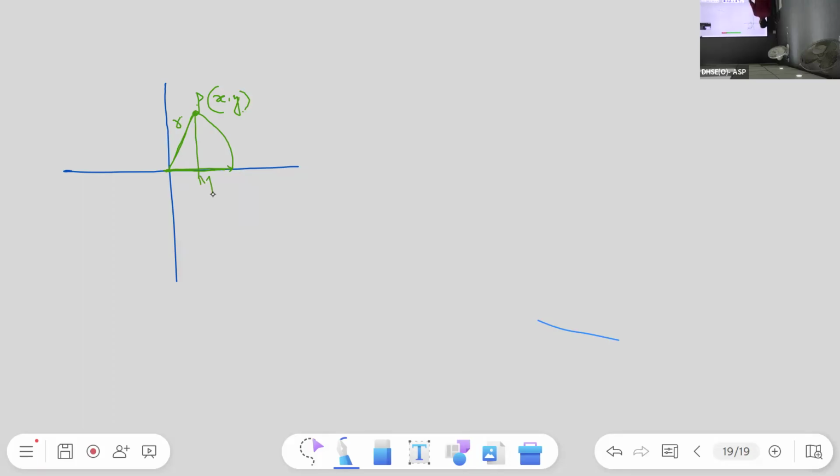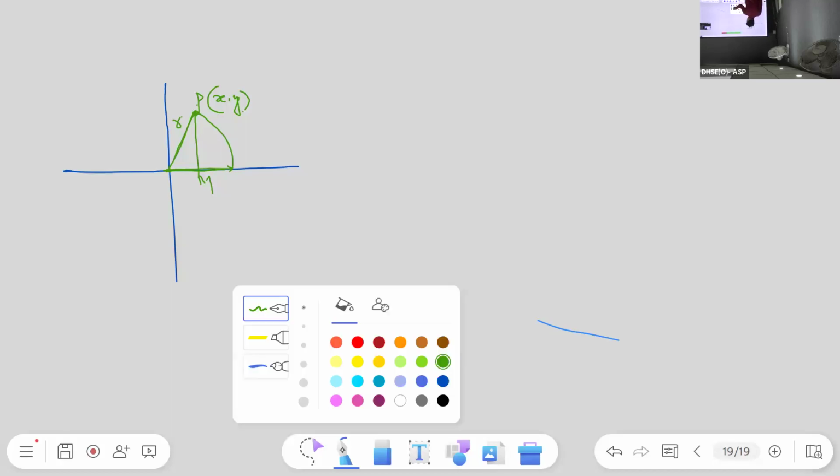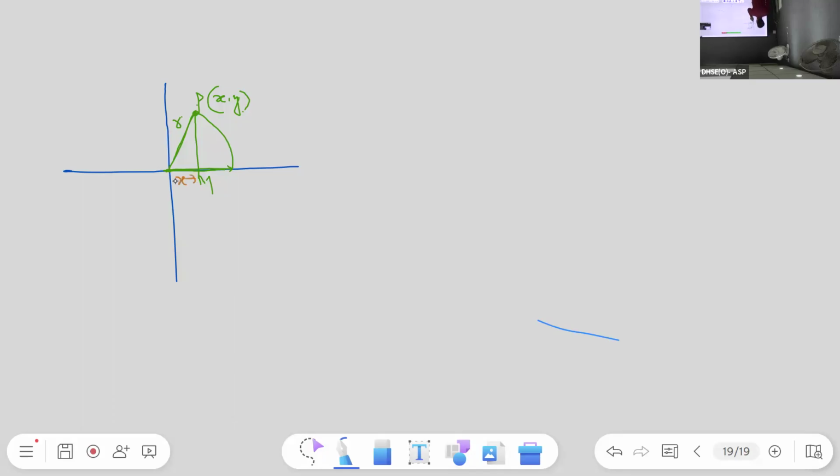Let M be the perpendicular drawn from point P upon the x-axis. This distance is x and this distance is y. Let this angle be theta, so theta belongs to the first quadrant. So OPM is a right angle triangle.